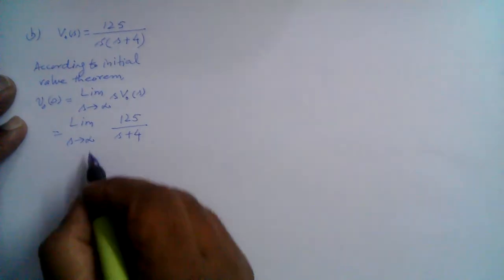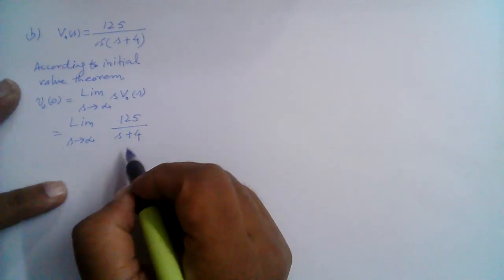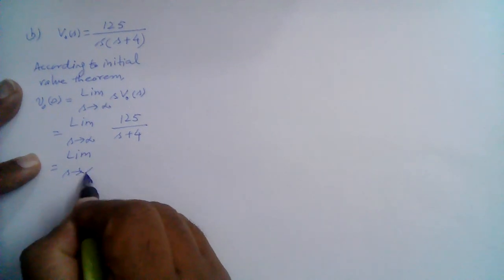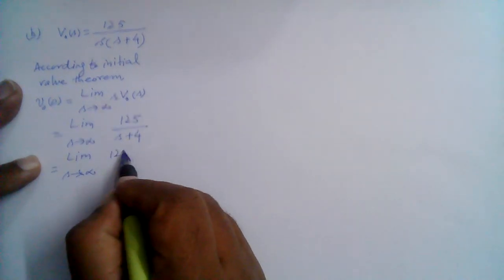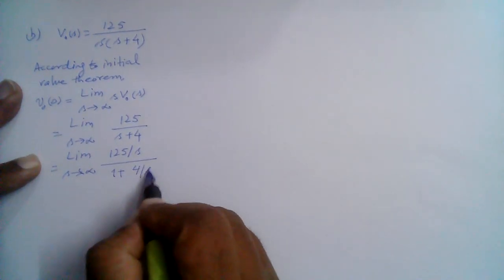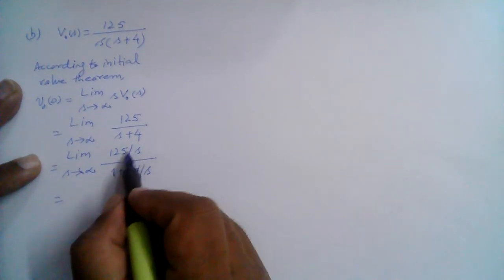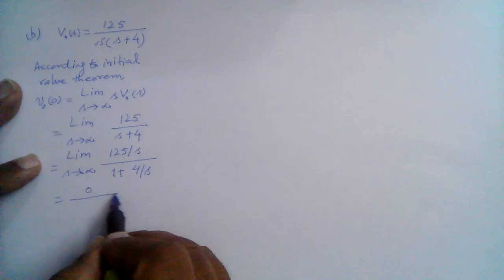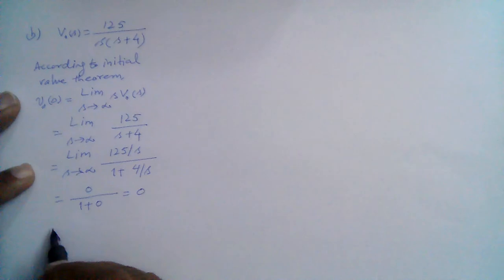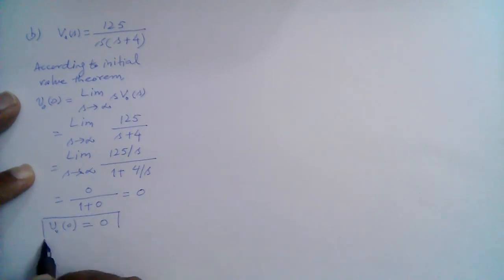To apply this limit to infinity, we need to divide the numerator and the denominator by S. So limit S tends to infinity of 125 over S divided by 1 plus 4 over S. When S tends to infinity, the numerator is 0 and the term in the denominator 4 over S is also 0. So that leaves us 0. So V0 at time t equals 0 is 0, right?